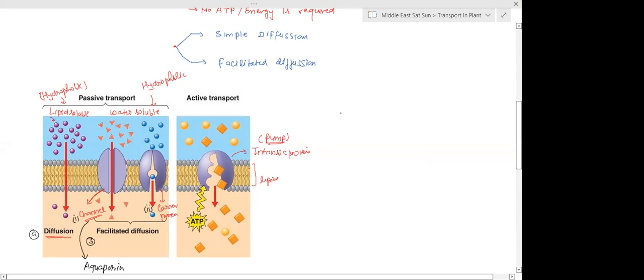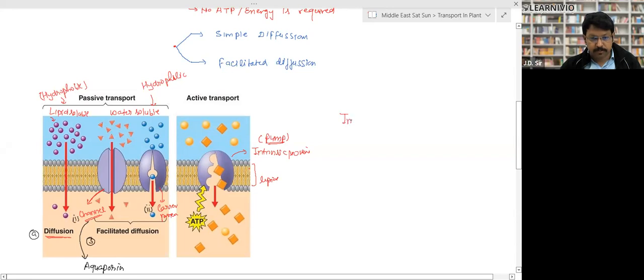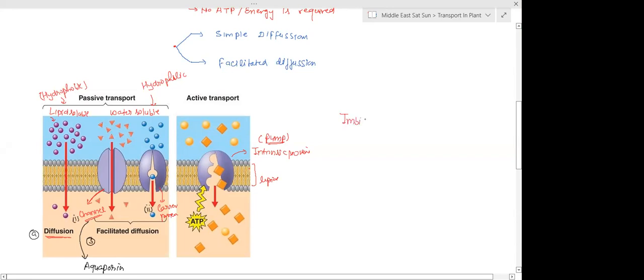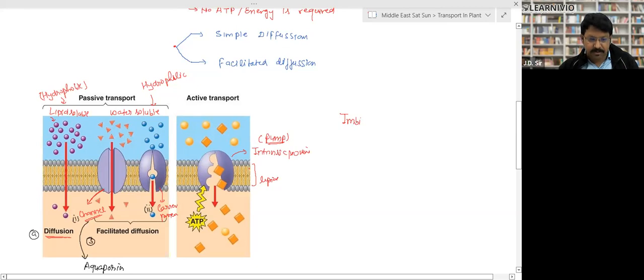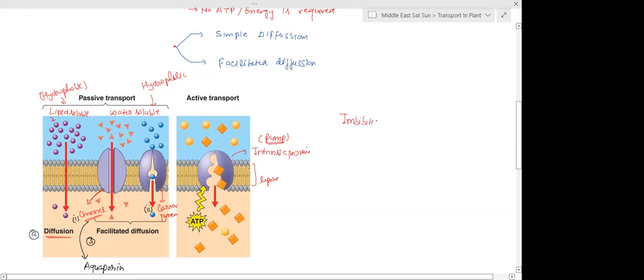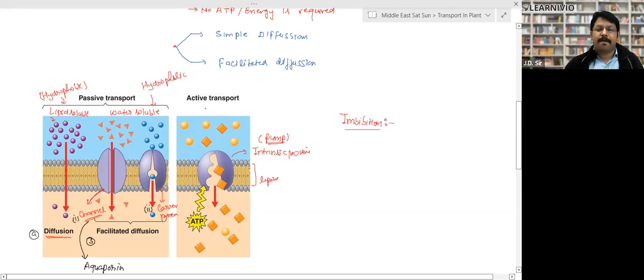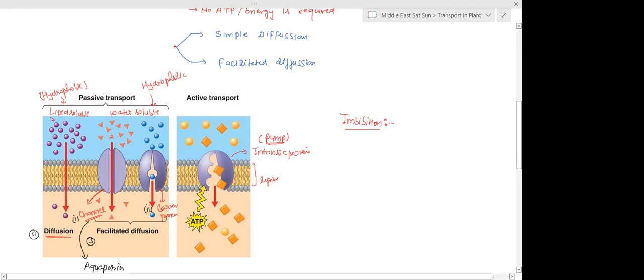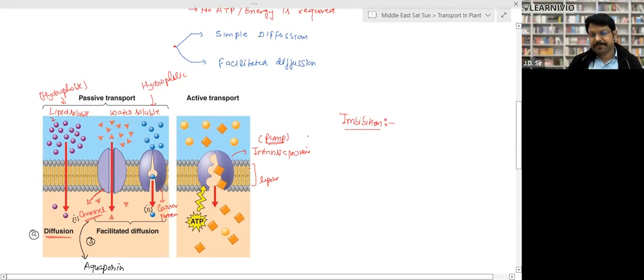No, that is inhibition, where inhibitors stop enzymes from binding. This is imbibition.